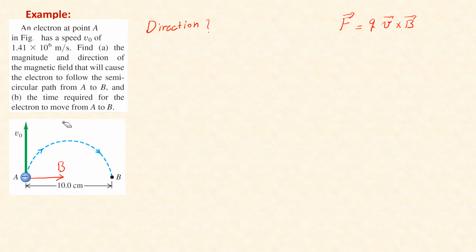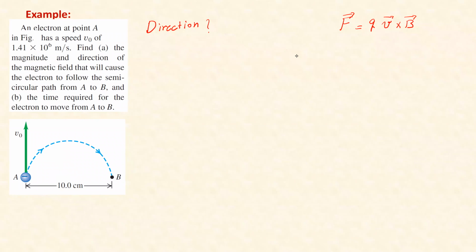Into the page, right? Into the page is v cross B, that's correct. But because the electron is negative, it becomes out of the page. So if the force is out of the page, it wouldn't go this way, would it? It wouldn't. So that means that probably this is not the right answer. So it's the other way.